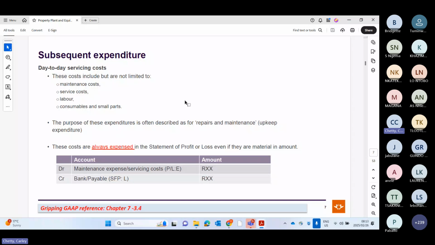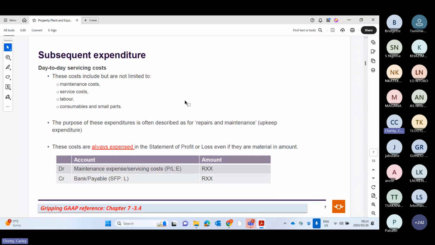So what would the journal entry be to expense or record a subsequent day-to-day servicing cost? If we have a day-to-day service cost and we need to record this in our general journal, what would the journal be? We have just said that we are going to expense these costs.